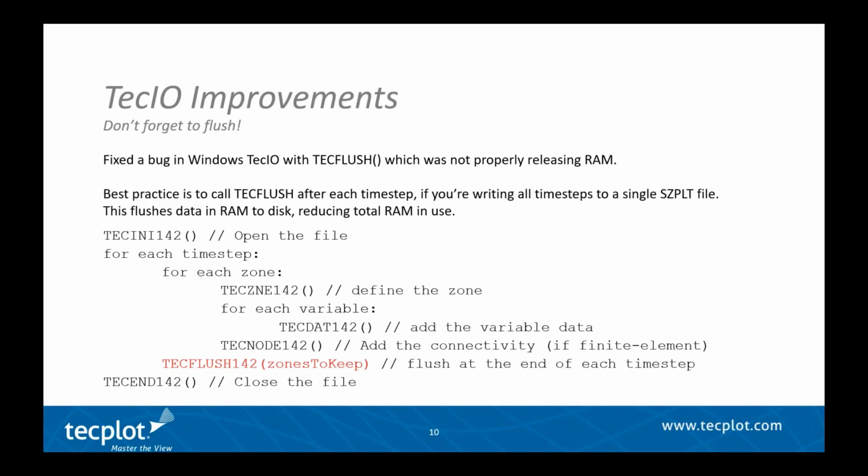So we've updated the Windows version of this library to do that, and now you'll see much less RAM use and better performance out of the Tech.io library when writing SZL files. So again, the cadence for calling TecFlush, generally the best starting point is if you're writing a transient file, then call it at the end of each time step, and that's a good spot to make that call.